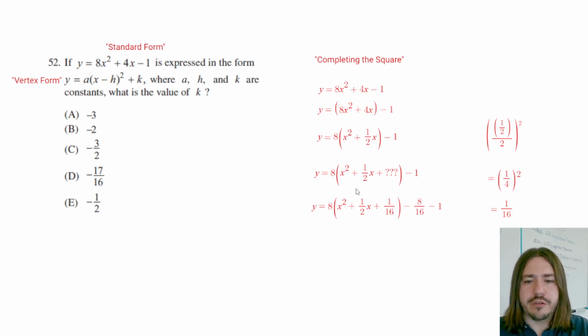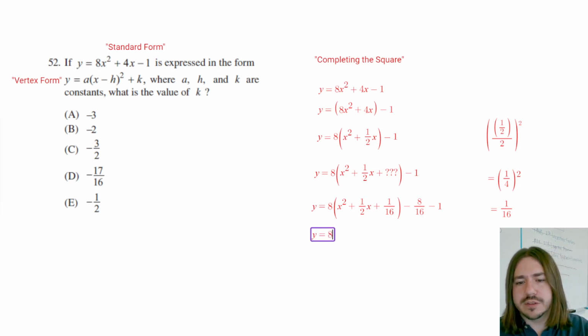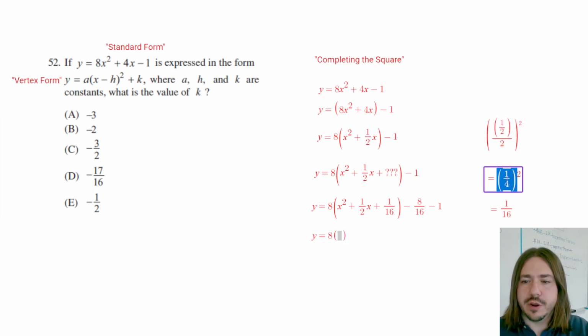So now I have a perfect square here, and I can go ahead and factor that. The way the factoring works is it's always going to be x plus whatever that original number, in this case 1/2, divided by 2. In other words, this first step before you square it is the number that's inside the parentheses.